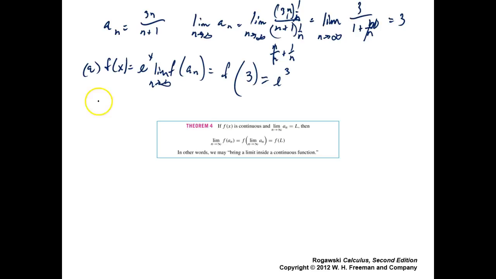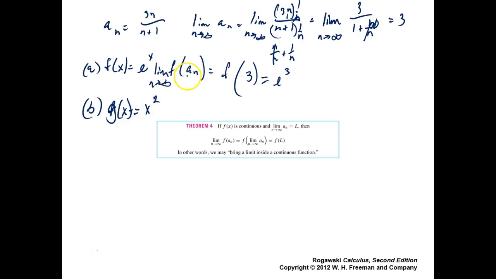And the b part is doing g of x equal to x squared.